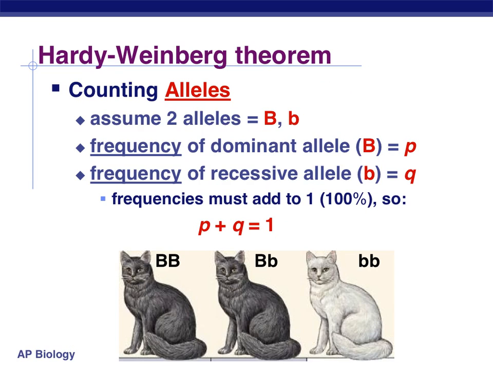We need to assume that there are 2 alleles, a dominant and a recessive, and that the 2 of them together must add up to 100% or 1. So it gives us the first equation in the theorem, which says that p + q = 1, where p represents our dominant allele and q represents our recessive allele.